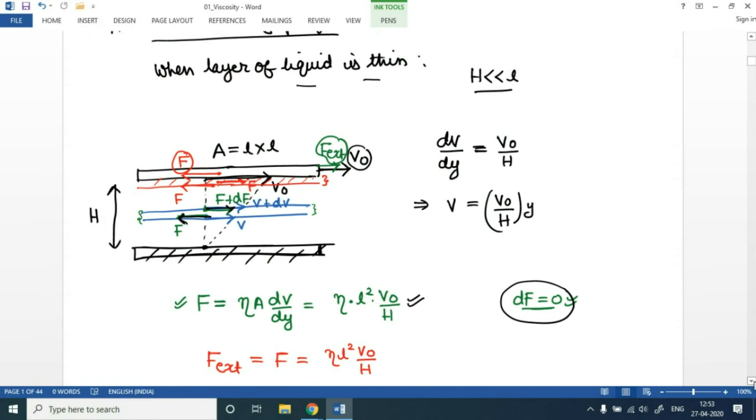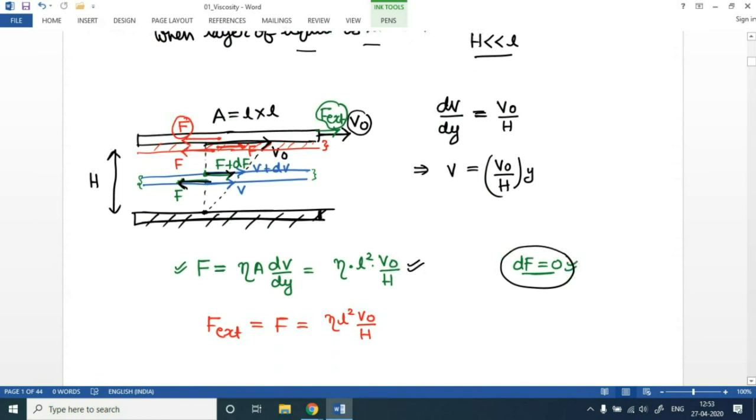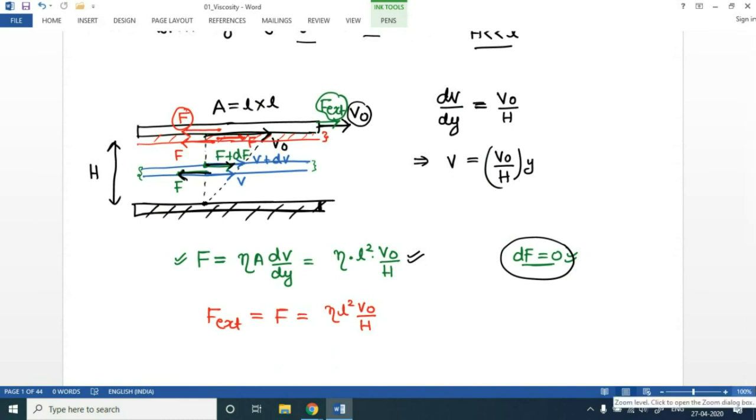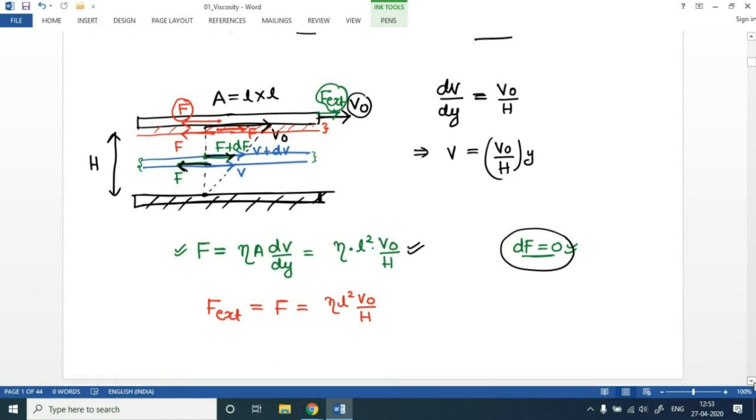So from there we see that if we want to move some plate over a liquid surface, we need to exert some external force, and that will cause the plate to move with constant velocity. And that external force will be doing some work over here also.